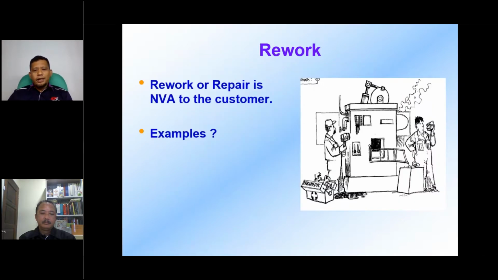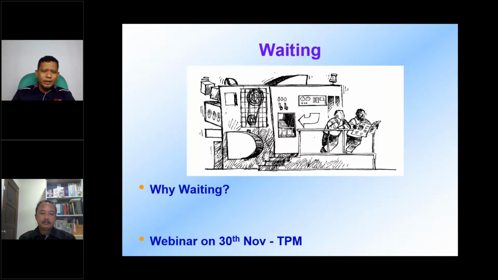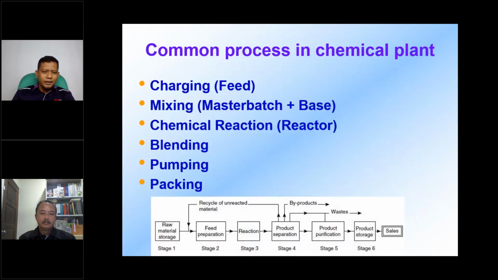And I move to rework. Rework or repair. Sometimes in the chemical plant, rework is quite common. Going back to this slide, in the reaction process, for example, if there is a big plant, the problem here is that some chemical does not react well, so we have to reprocess it.